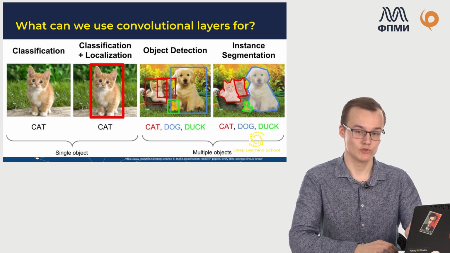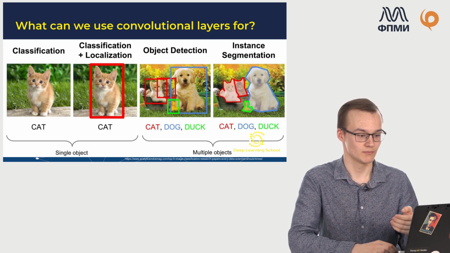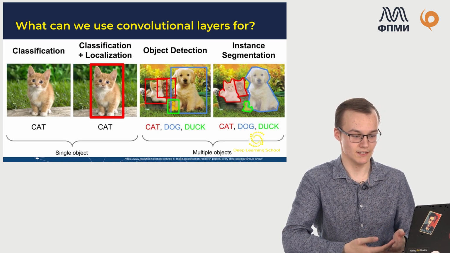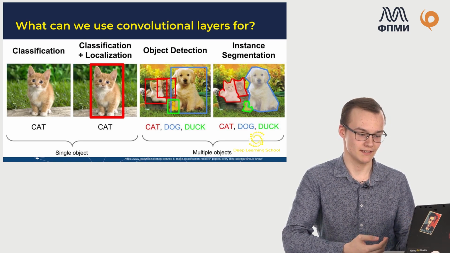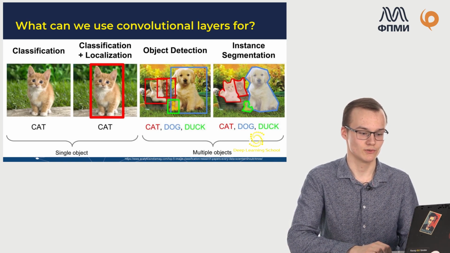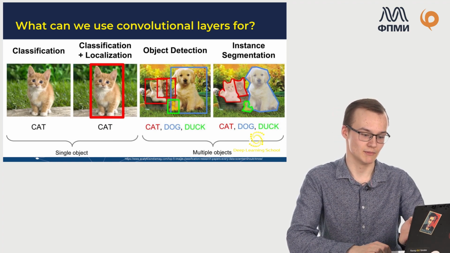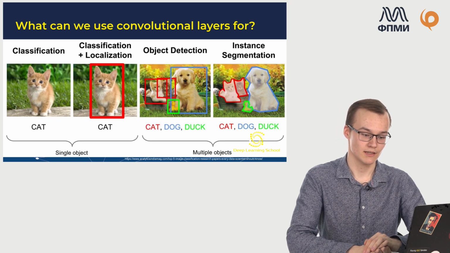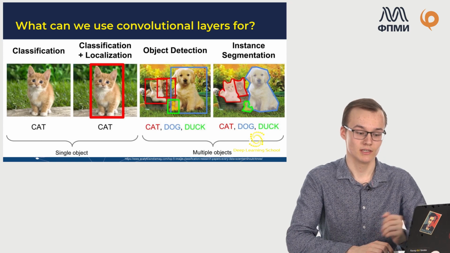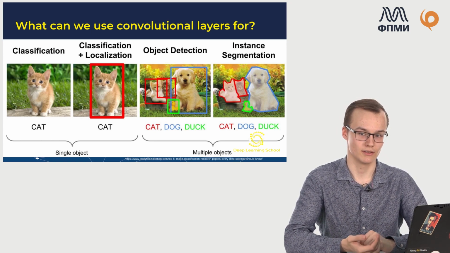And two other applications are object detection and instance segmentation. Object detection is really similar to classification plus localization, but it's about many objects. It is used when we want just to understand what is in the picture. And instance segmentation not only allows us to make a bounding box, but also understand which pixels belong to a certain class.